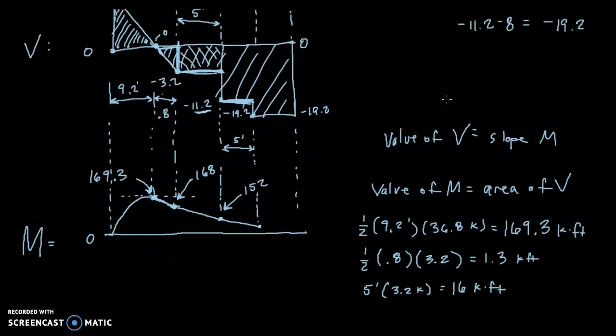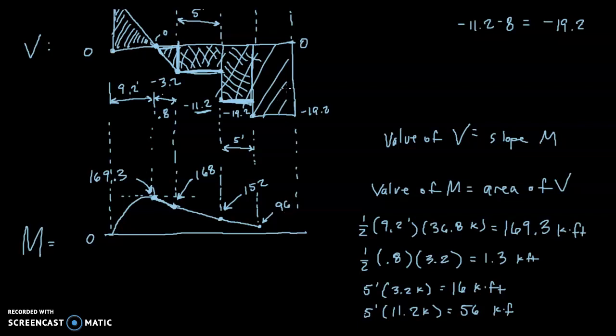The area of this rectangle is equal to its base times height. The base is again 5 feet, the height is 11.2 kips, and so that's equal to 56 kip feet. If I look back at the diagram, I had 152. I subtract from it 56, and that brings me down to 96. So the value here is 96.